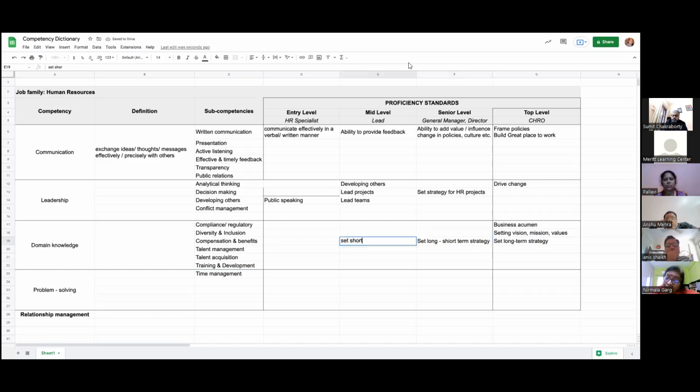Then at a specialist level, what does that person do typically? He ensures day-to-day compliance. That is very important. That person will do day-to-day stuff, whether it is employee relations or compensation, maintaining adherence to compliance, managing compliances and implementation of programs, right?